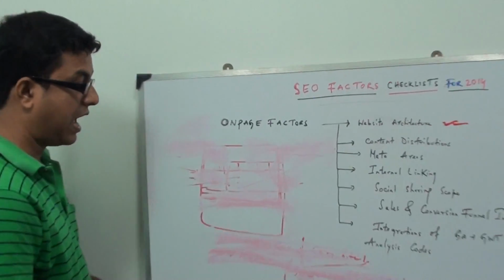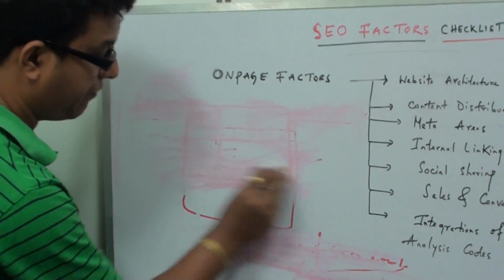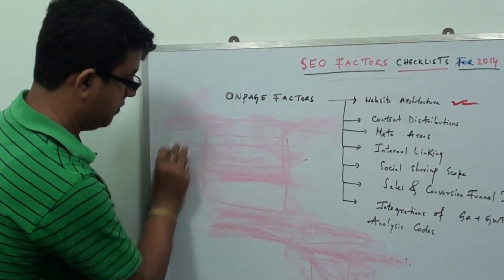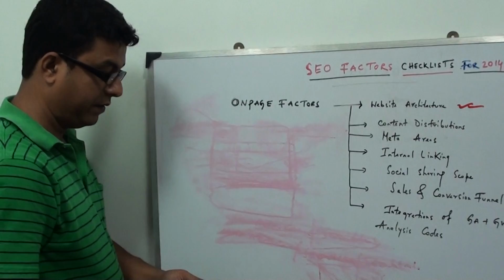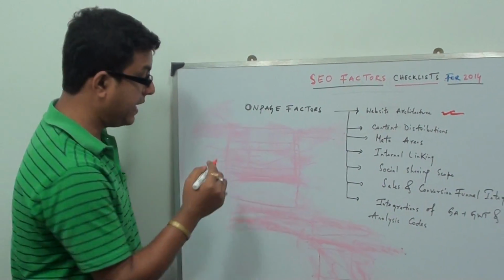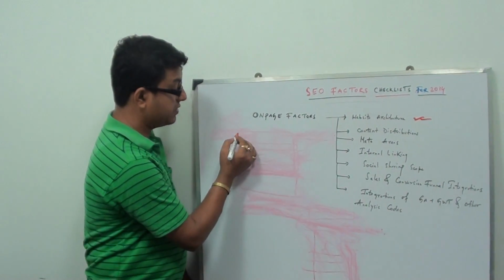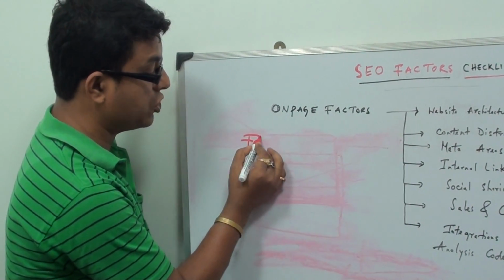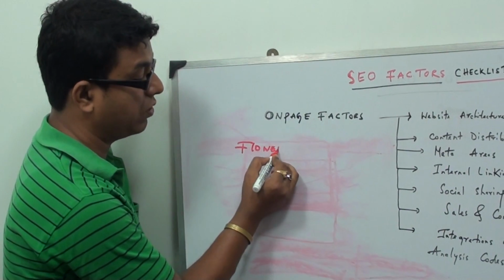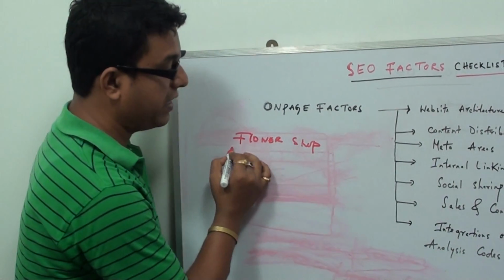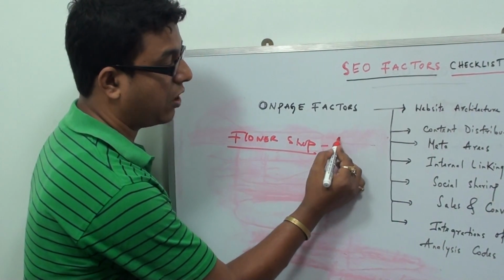For example, I am preparing architectures. If I am a flower seller, okay, I am selling flowers, and I have a small flower shop in Kolkata. And Kolkata is very broad, so maybe it's a flower shop in the Salt Lake area.